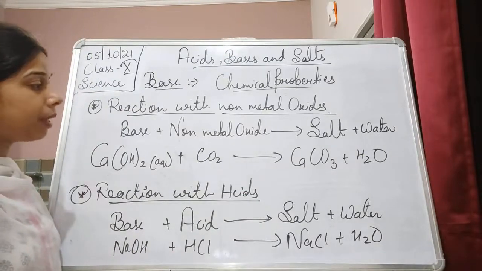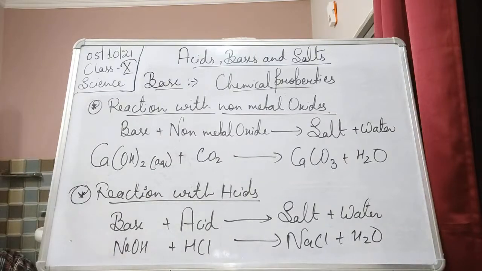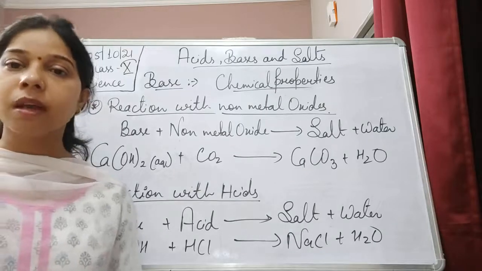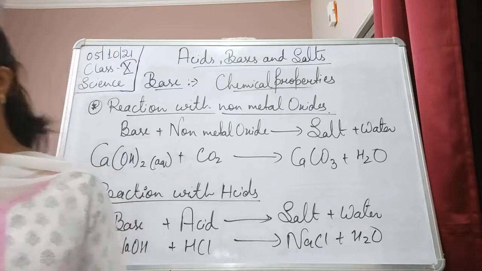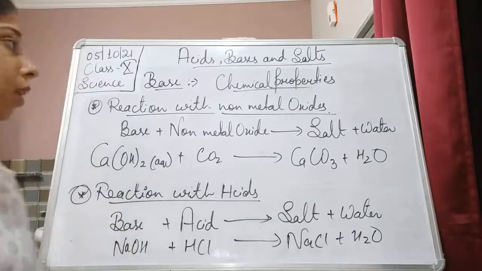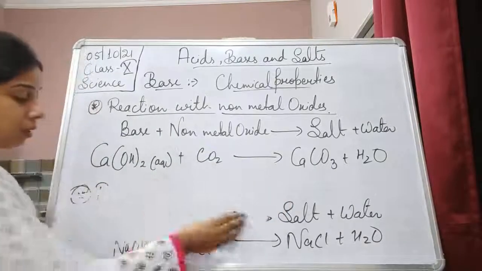So when the base reacts with the non-metal oxide, there is a formation of salt plus water. These are some of the physical properties as well as some of the chemical properties of the bases. If we look into the uses of the bases, there are a lot of different bases which are used for different purposes.